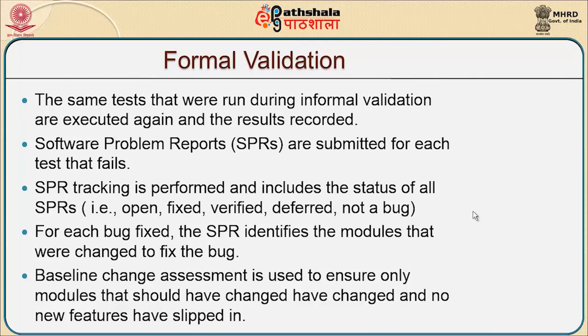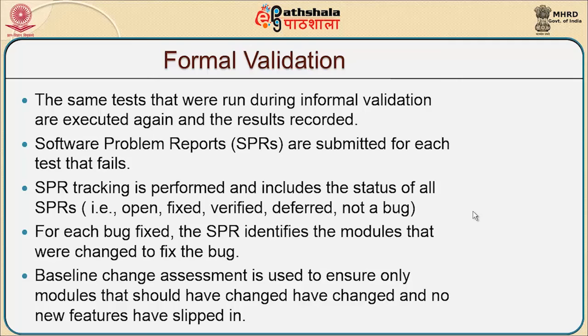So, after having done all the change management and other procedures, now it is for us to understand the formal validation, or to go through a procedure of formal validation where we cannot insert any new features or give room to accommodate any new features. So, the same tests that were run during informal validation are executed again and again and the results now produced are clearly recorded.